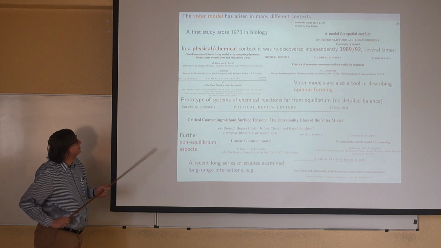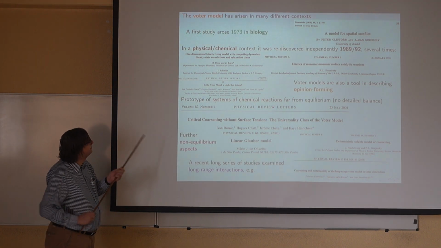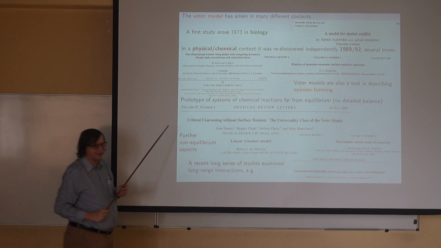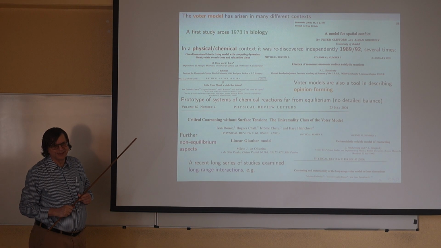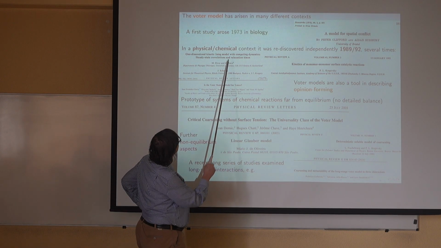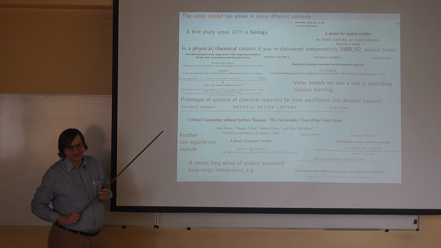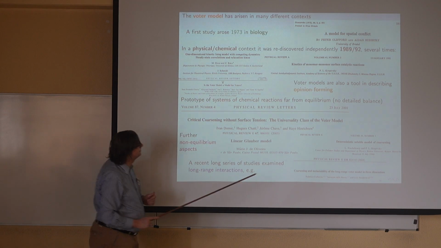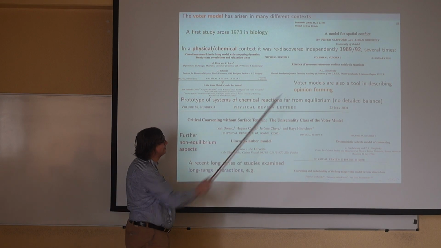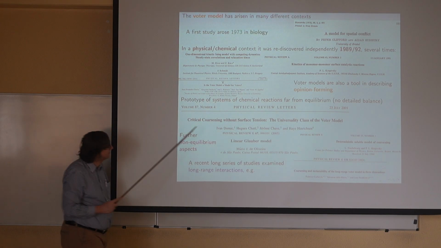Okay. And of course, the Rotor model has arisen in many different contexts. At least it goes back to the 70s. In biology, people already were discussing it. Of course, no mathematical treatment. It was then rediscovered by physicists and chemists a couple of years later in Geneva, in Moscow. Of course, the Rotor model, people claim it has something to do with opinion forming, maybe.